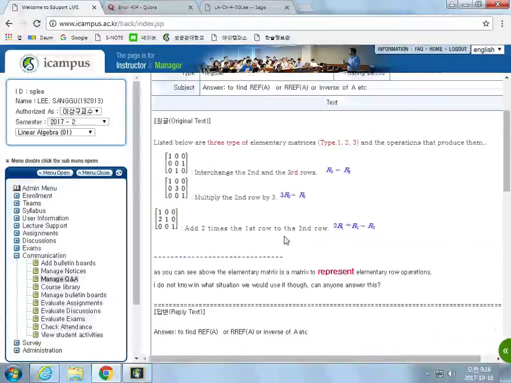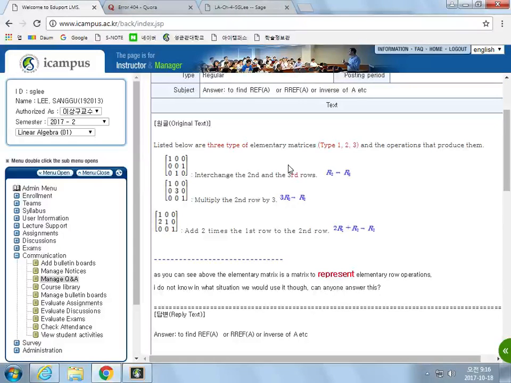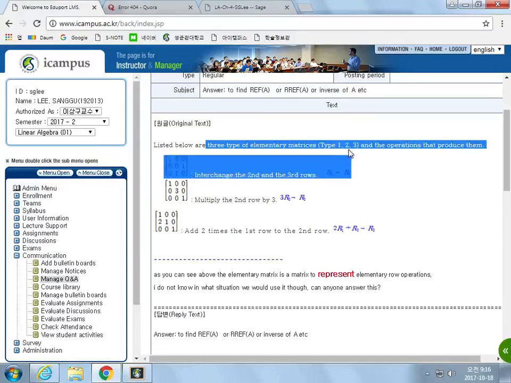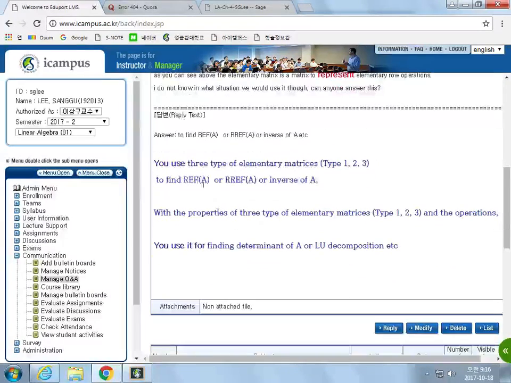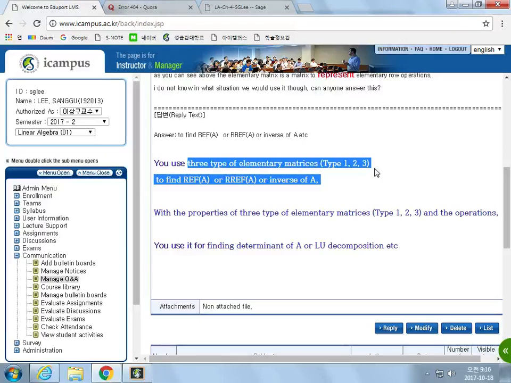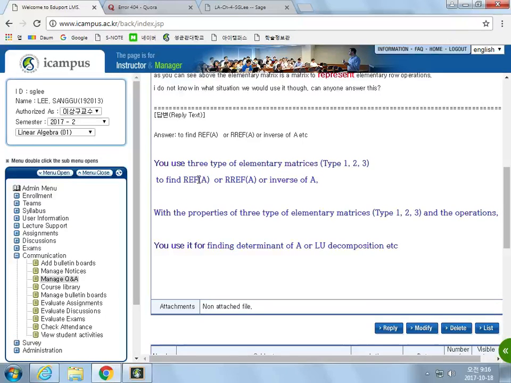And you also asked how these three types of elementary matrices are used. Here, we use these three types of elementary matrices, type 1, type 2, and type 3, to find the RREF of A, or the inverse of A. Instead of doing the operations, you just multiply the corresponding elementary matrix, which makes it much simpler.